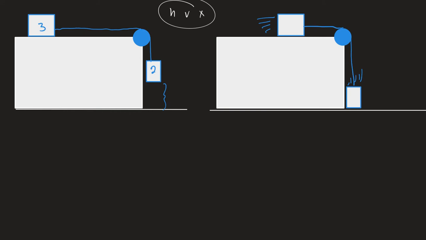Let's say 3 kilograms, 2 kilograms, and state 1 and state 2. Let's say that this is 0.75 meters, and let's say that this is 1.2 meters.